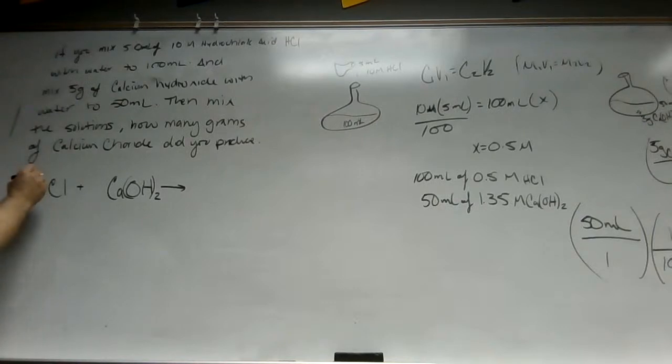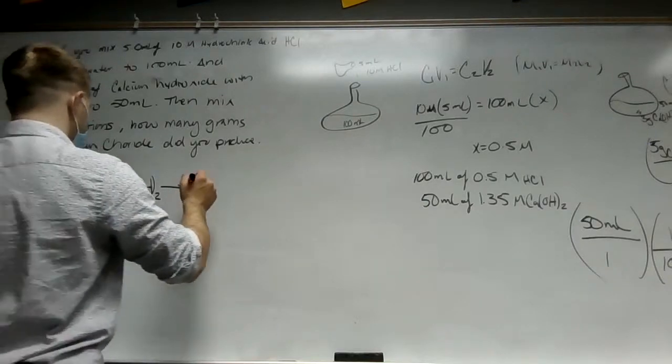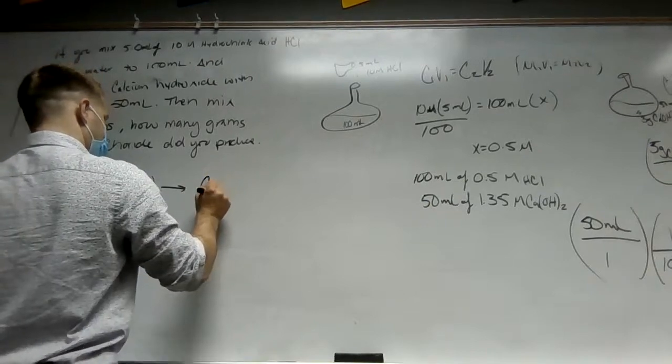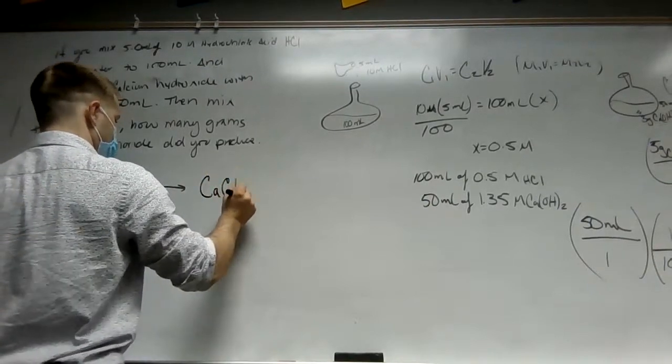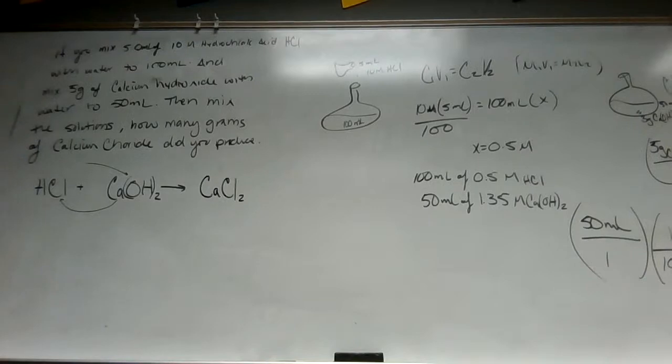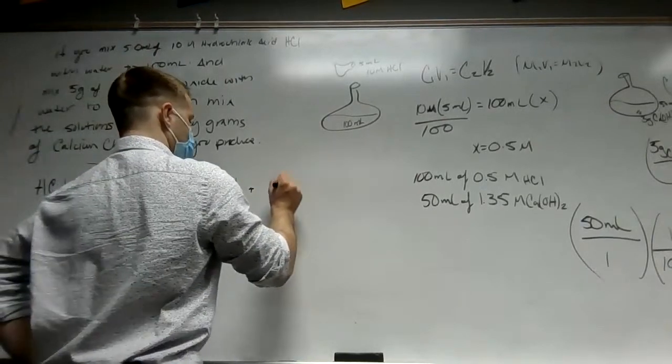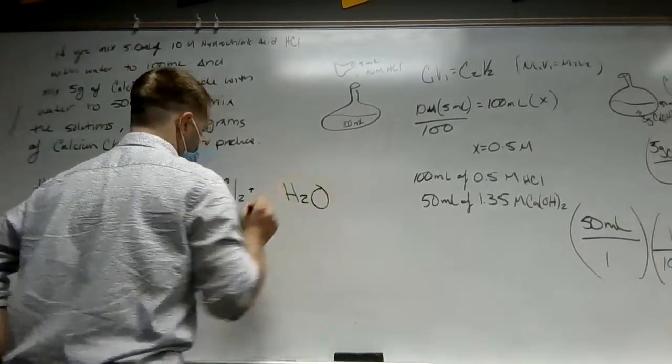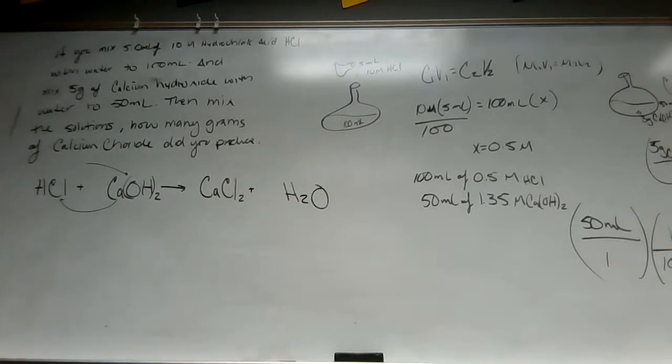So we end up with the H going with the OH, and the Ca with the Cl. We end up with calcium chloride, Ca2 plus, Cl minus, bring together, switch your charges, and water. This is a Bronsted-Lowry acid-base reaction.